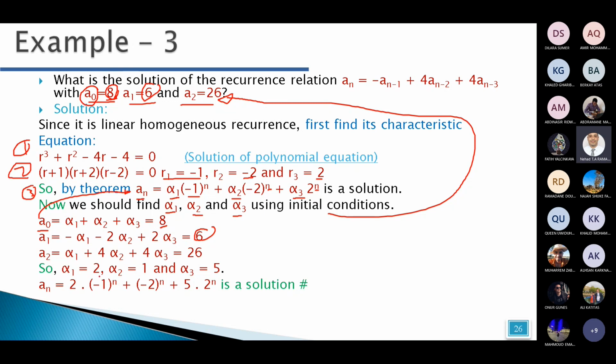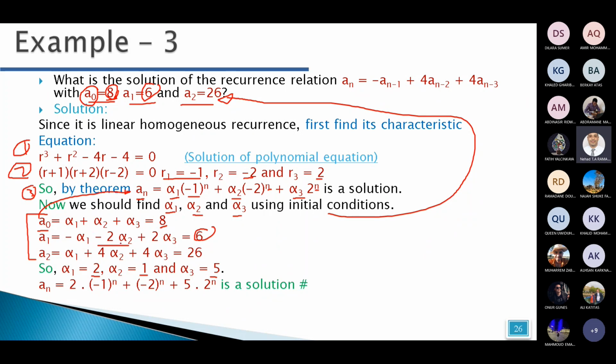Finally, you will get the values of alpha 1, alpha 2, alpha 3 by solving these 3 equations. Actually, the easiest way is to multiply one of them by a number, then add or subtract between them to solve it.